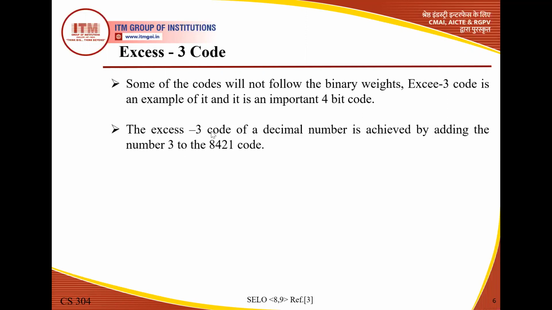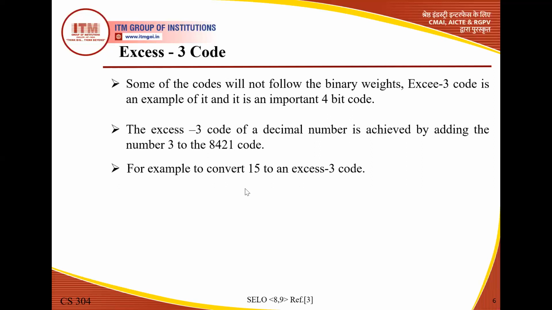The Excess-3 code of a decimal number is achieved by adding the number 3 to the 8421 code. So in the 8421 code, we add an extra 3. That's why it is Excess-3. In a decimal number, when we add 3 to each digit, it is converted into Excess-3.